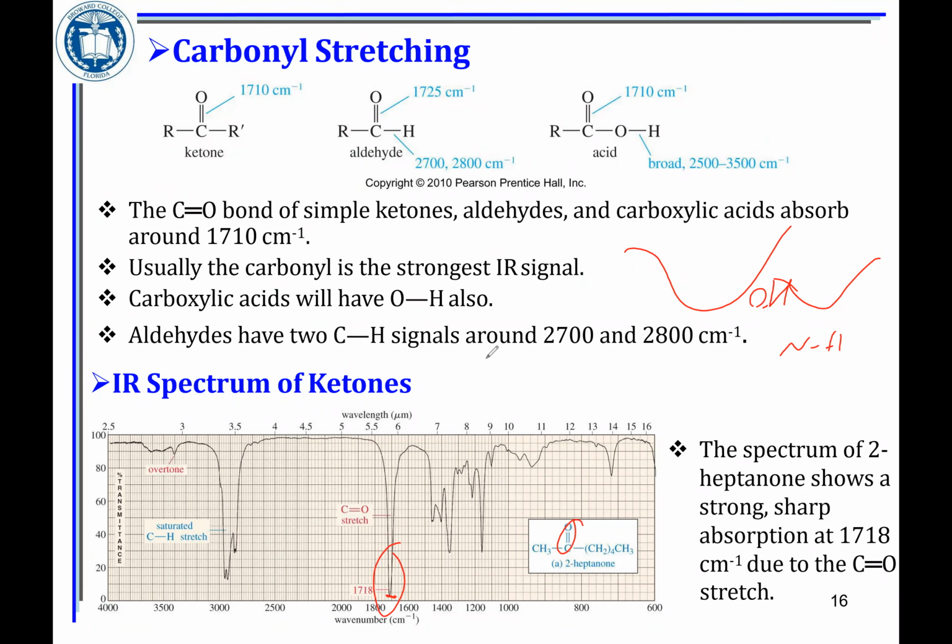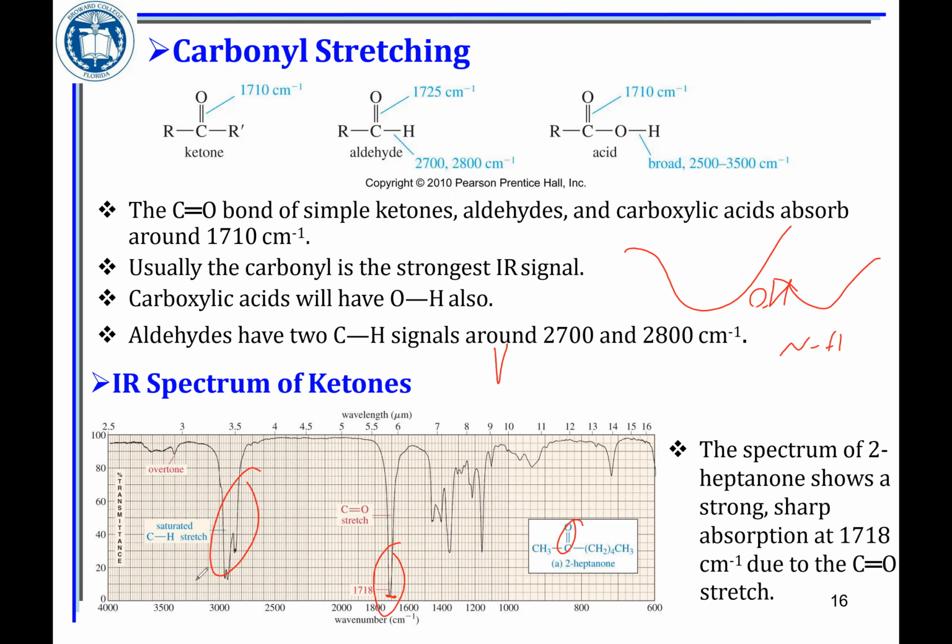Short peaks, like the CC triple bond, we had a short peak right here around 2200 because it's not polar. And you have too many CHs. So you see this bond is kind of stretched and wider because of the number of CHs that you have. It can also affect the shape.